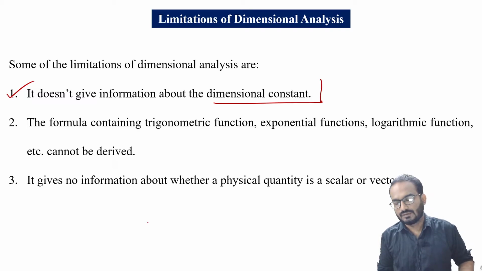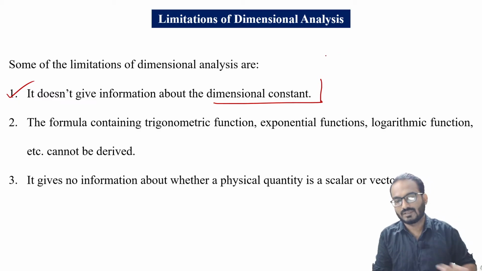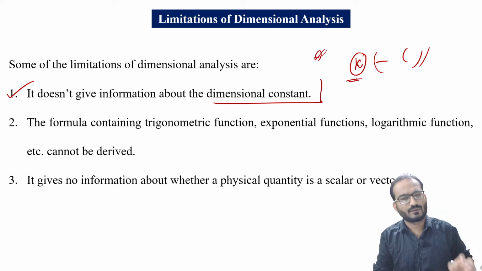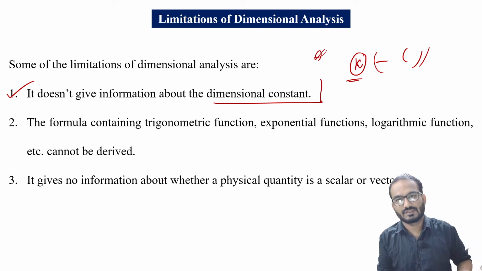In the previous videos you have seen that we derived some relation between different physical quantities, and along with that we got some constant k times other quantities. The values of dimensional constants cannot be found from dimensional analysis. So this is one of the limitations or restrictions on the dimensional analysis technique.